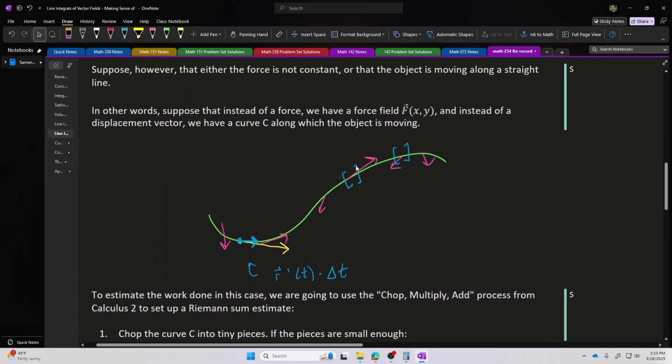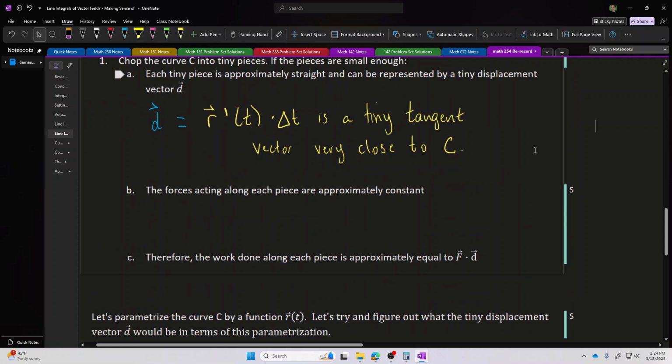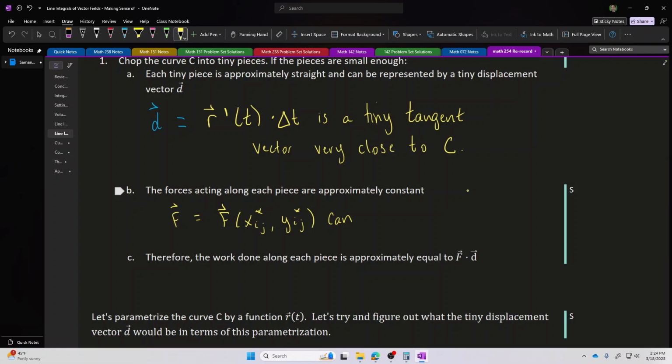Likewise, if we're dealing with a very, very small portion of the curve C, then the force vectors along that portion of the curve don't have that much opportunity to vary substantially. So if I just took the force vector at a single sample position within that piece of the curve, we can treat the forces as approximately constant within that small portion of the curve.